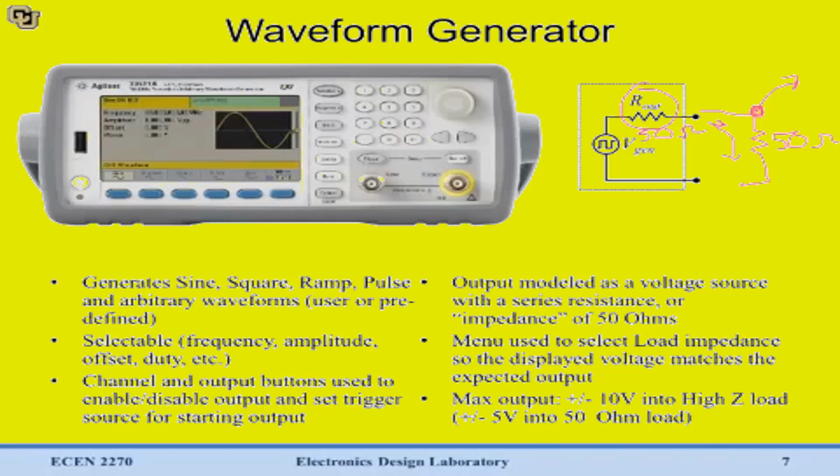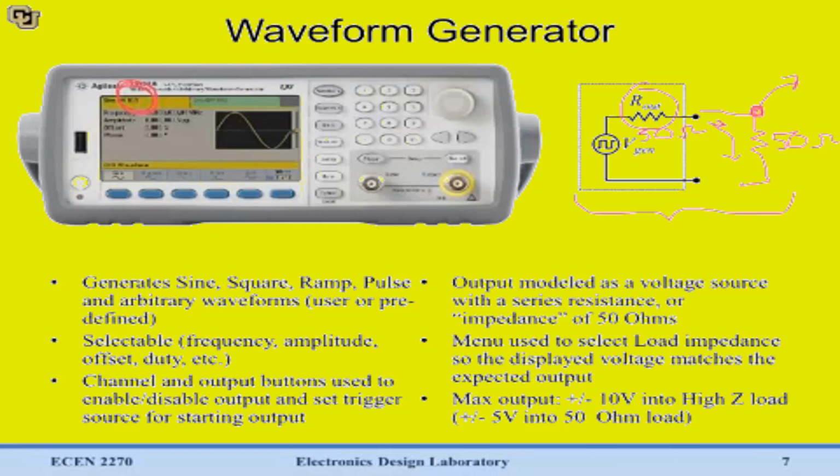To deal with that, all waveform generators will have some sort of output impedance selection. You can see it says 50 ohms right here, so this is the waveform generator assuming that it's going to be connected to a 50 ohm load, as we can see over here. And all the amplitudes and offsets that you input will be correct then for a 50 ohm load.